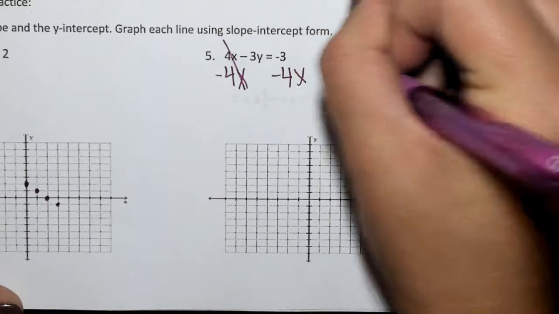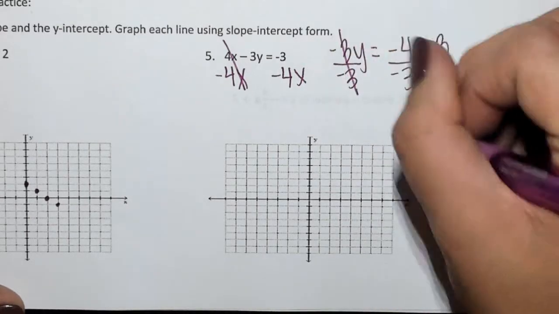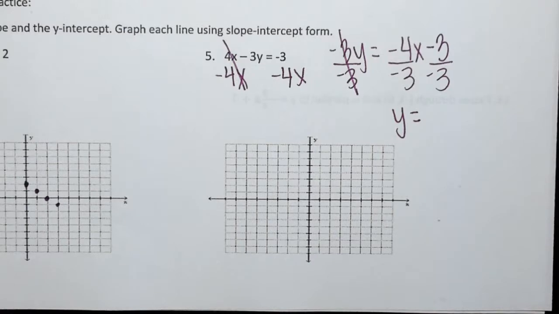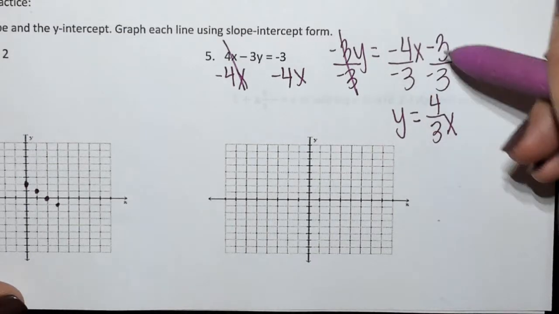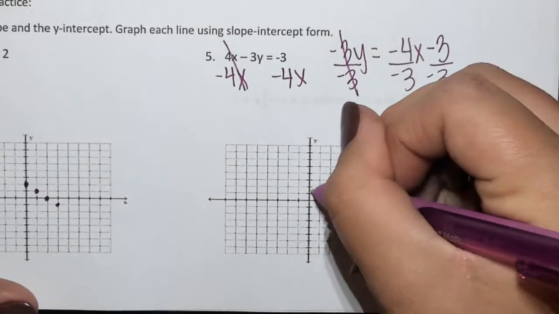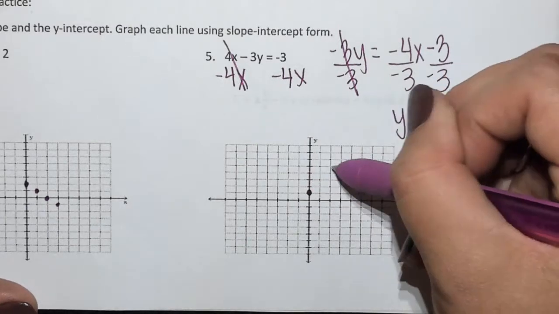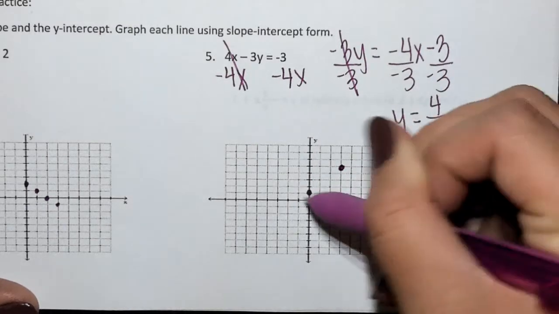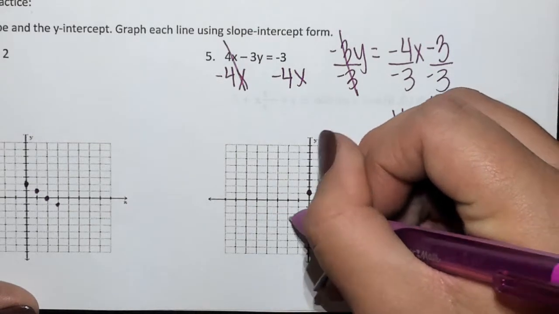And then you had to divide everything else by negative 3. Well, a negative divided by a negative is a positive. So this changes to 4/3 x. Negative 3 divided by negative 3 is positive 1. So start your graph at positive 1. Go up 4 over 3. And then I don't have room to go up 4 anymore. So I'm going to go down 4 over 3.